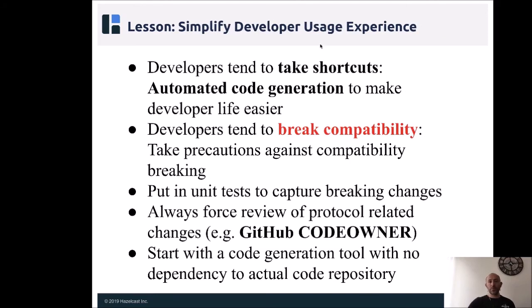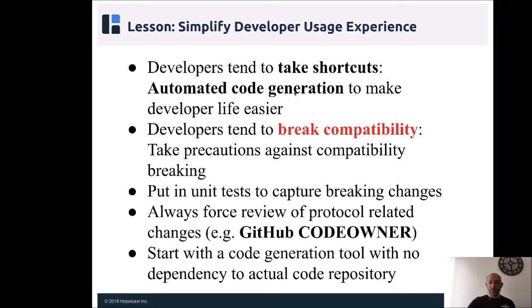We have to simplify the developer usage experience. Our protocol users are actual product developers, and we have to make it easy to add a new message or extend any existing messages they use.